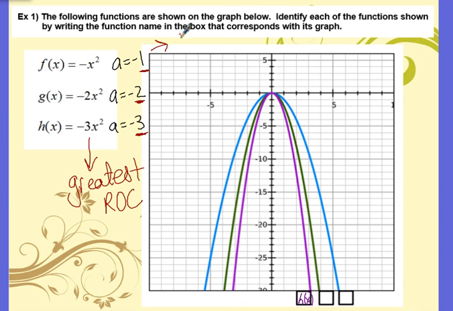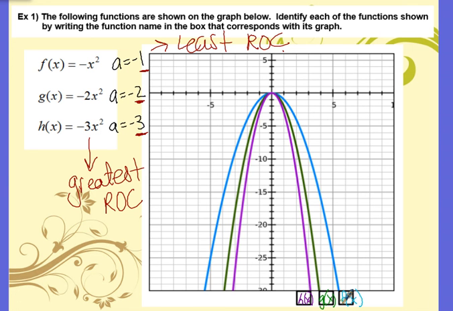This one has the least rate of change, which means it'll be the least steep, or it'll be the widest one. Therefore, f of x, do you see which one it is? Is the blue one. So put an F there, which means the 2, which is in the middle of the 1 and the 3, we can automatically assume is the green one, g of x.